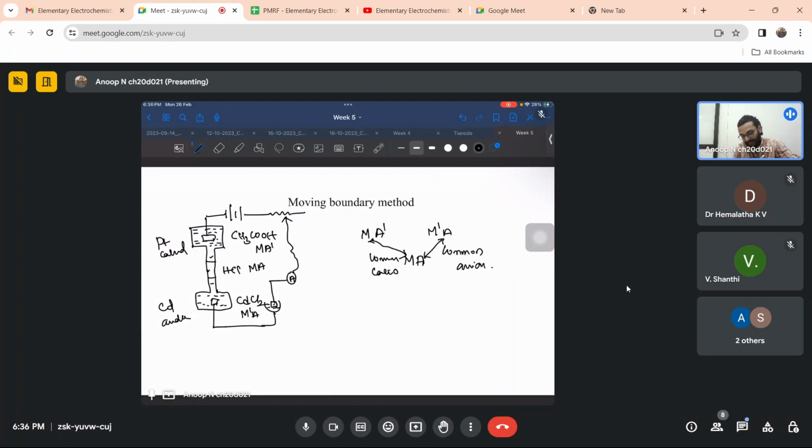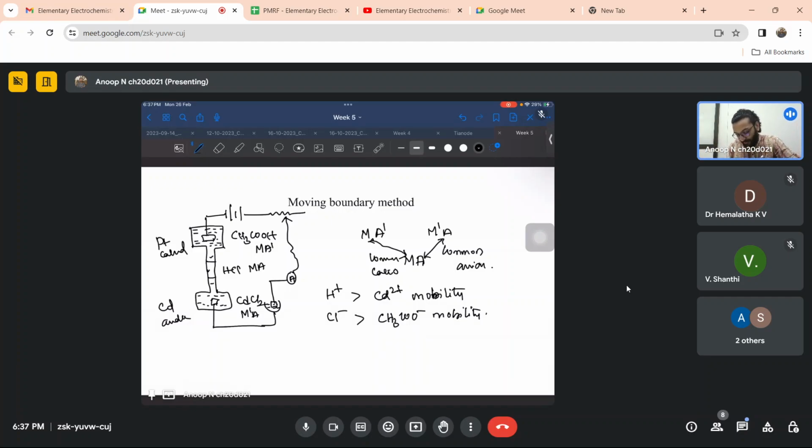Here the H plus mobility is higher than the Cd2 plus mobility. Similarly, Cl minus mobility is higher than CH3COO minus mobility. So what happens when a potential is applied?